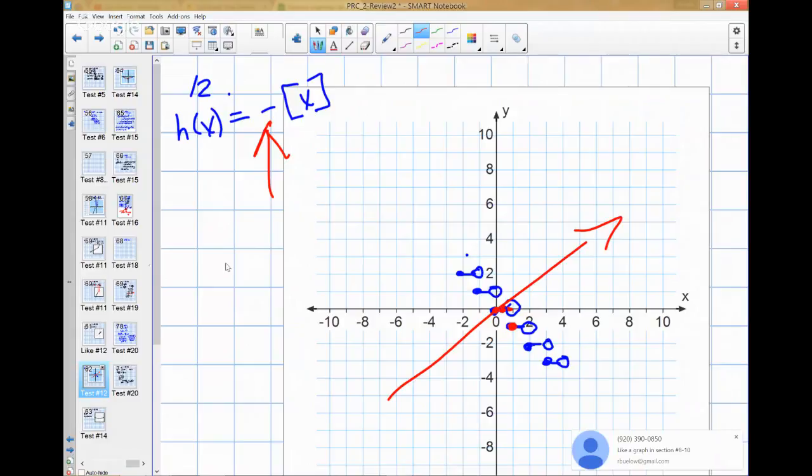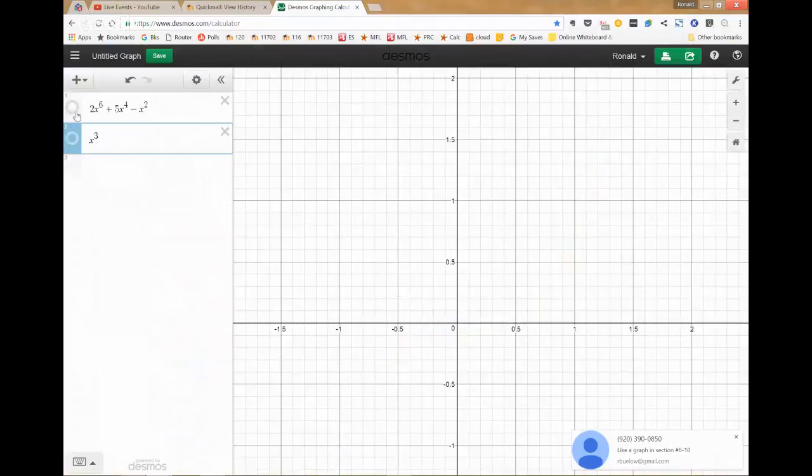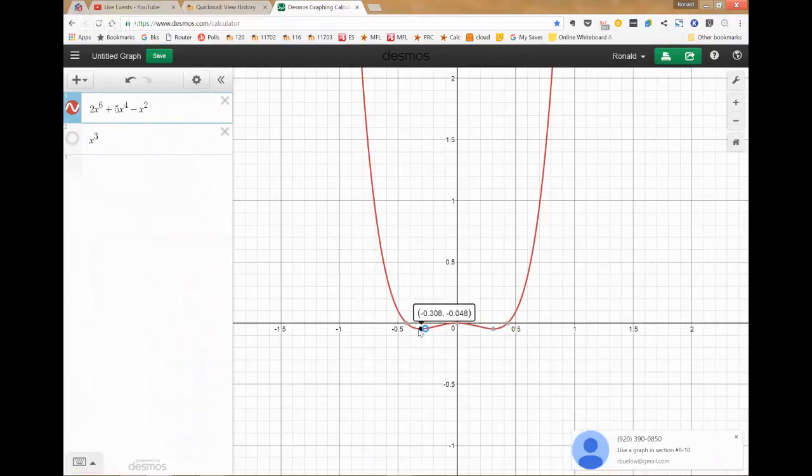Okay, do I still have my Desmos graph? Yeah. So whoever that person is, just eyeball this graph. This is, by the way, number 8 you're looking at. When is it decreasing? When you read it from left to right, when is it going downhill? It's going downhill, this big long section on the left, until this point right here.